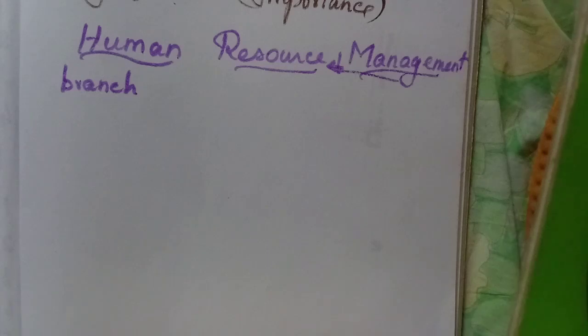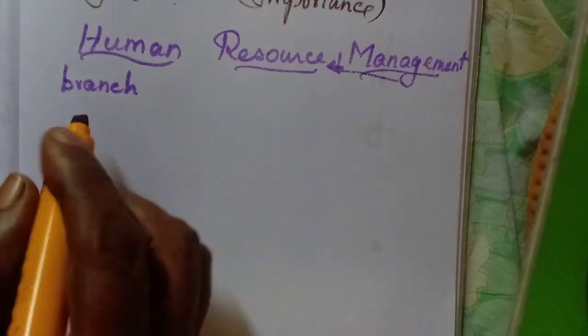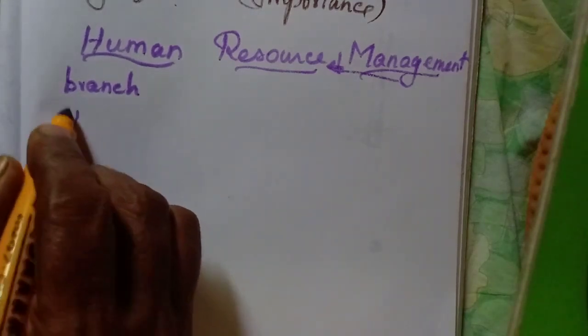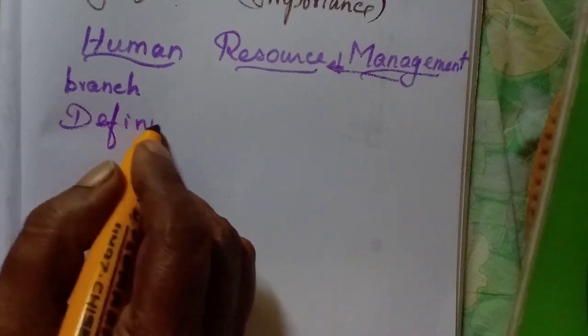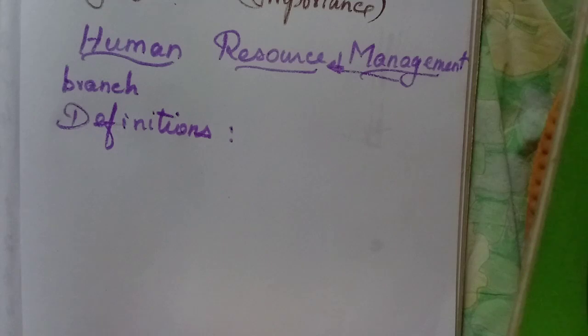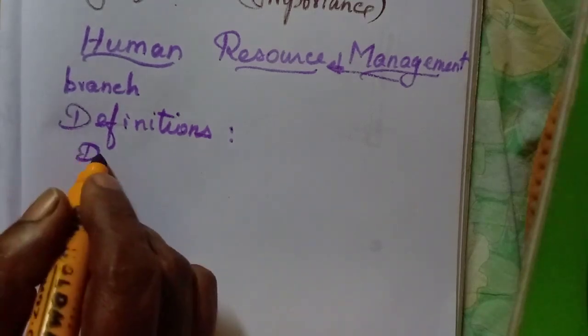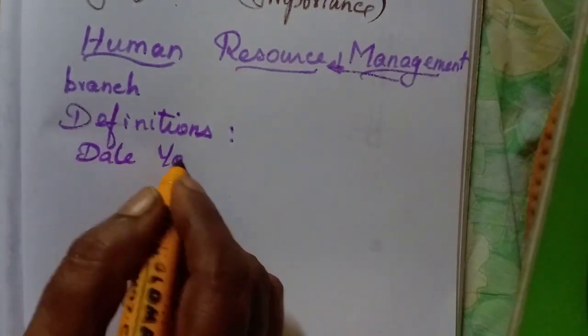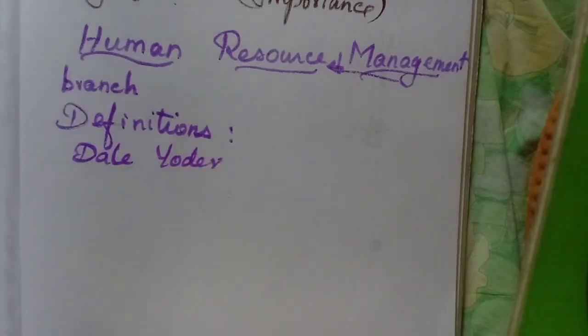Now we will learn about the definitions given in this book. The first definition is given by Dale Yoder. Dale Yoder has said, human resource management is the effective process of planning and directing.